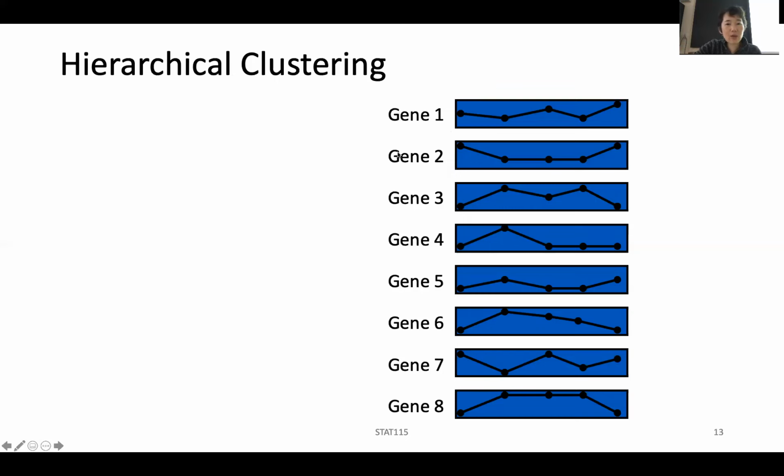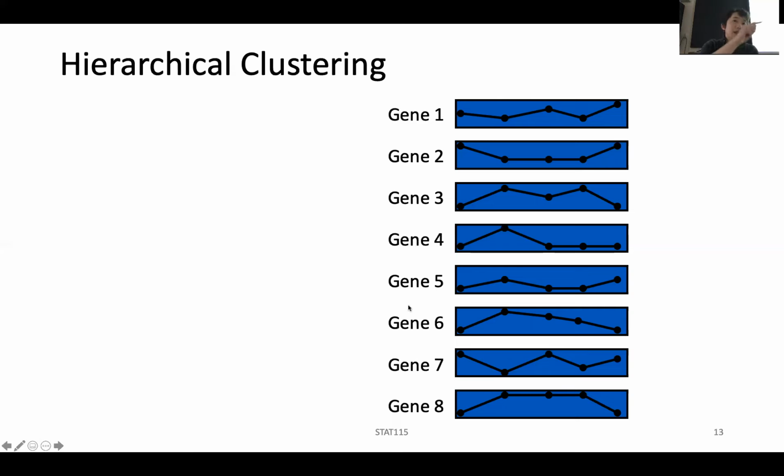So let's look at how we calculate the hierarchical clustering by clustering on the genes. The first thing we do is calculate the pairwise distance of every gene with another gene. So with gene 1, from the 5 numbers, we can calculate their distance. For example, in this case, based on the correlation of their log TPM value between gene 1 and gene 2, gene 1, gene 3, gene 1, gene 4, and just every pairwise.